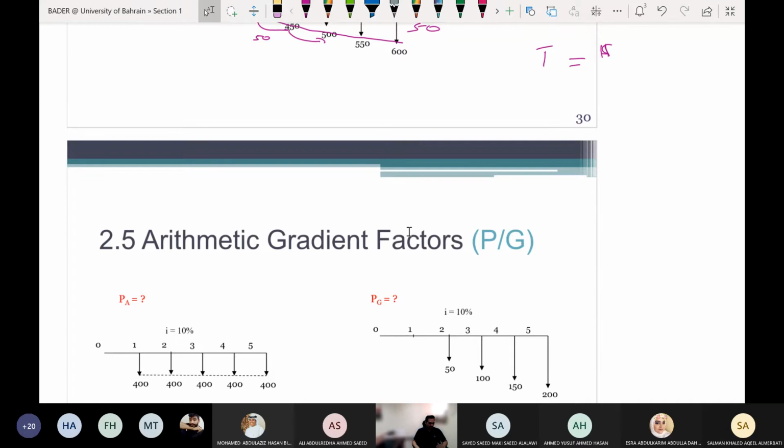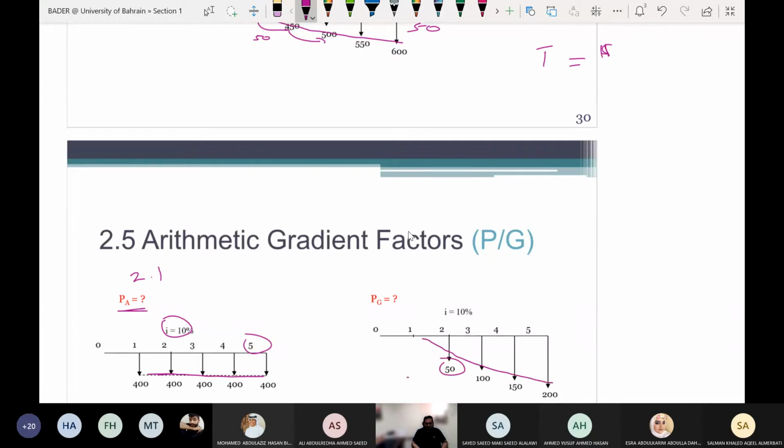So, in fact, what do I have here? I have something representing 2.1, which is find P given A, as you can see, over 5 years. Today what I've learned is the following.